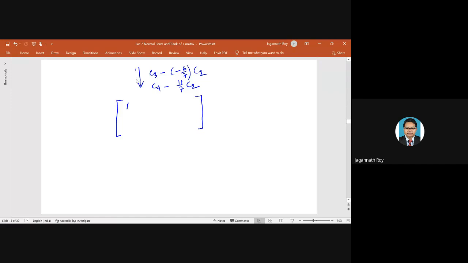So this will become 1 0 0 0. 0 1 0 0 already there. So now it becomes 0 0 1 and 1, and finally 0 0 -2 and -2. So again you have to do the row operation, R4 minus R3. So this will become 0.